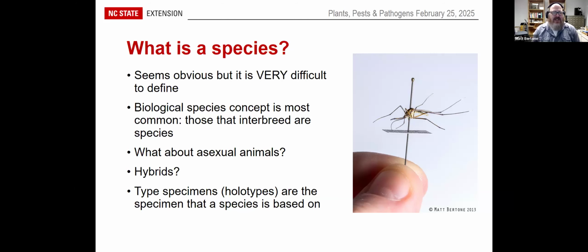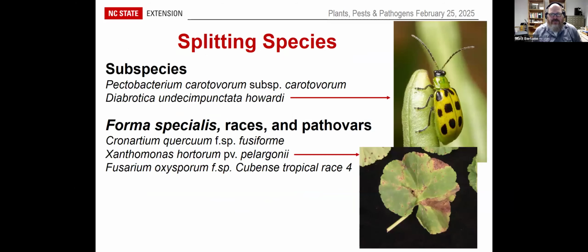But there's a lot of other things going on with species. Sometimes a species isn't specific enough, and we want to make further refinements in how we classify things below the species level. For example, the soft rot bacterium that some of you may know as Erwinia carotovora is now called Pectobacterium carotovorum.